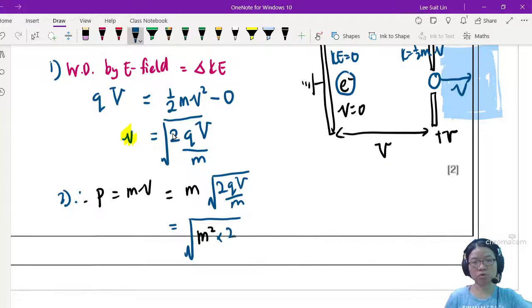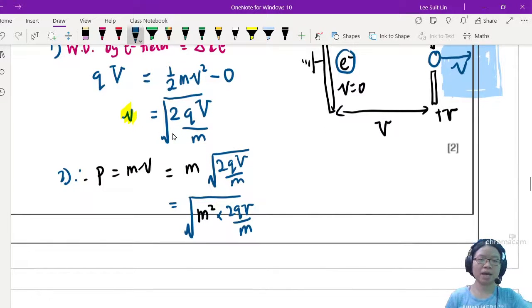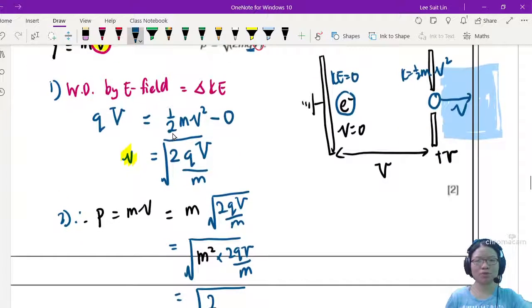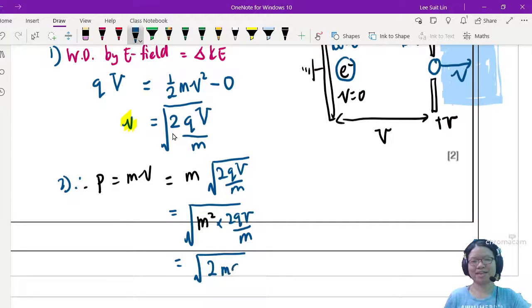And then here will be 2qV over m. So obviously the m squared and m will simplify and cancel out. And what you have left is the square root of 2mqV. Because the m and m will cancel. So proven.